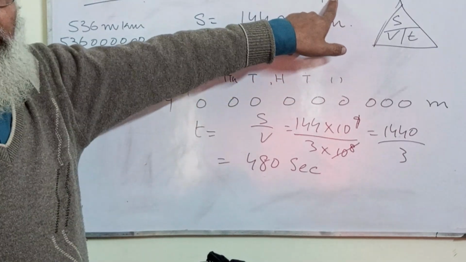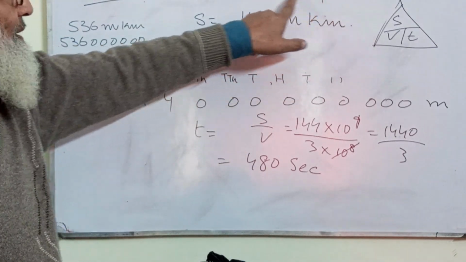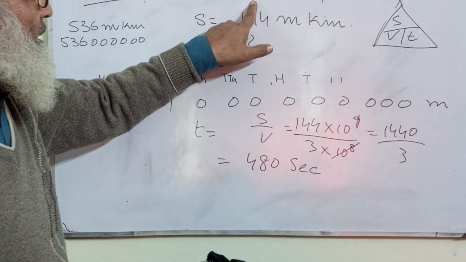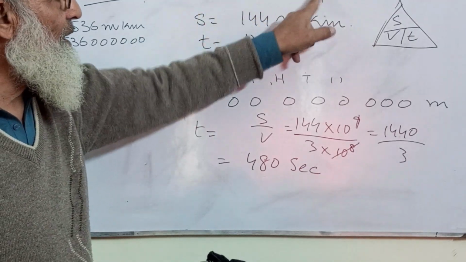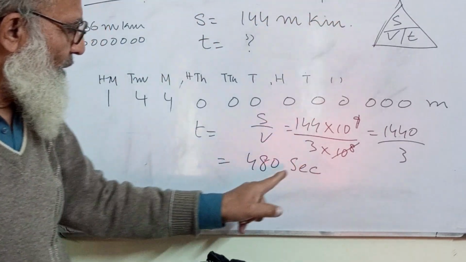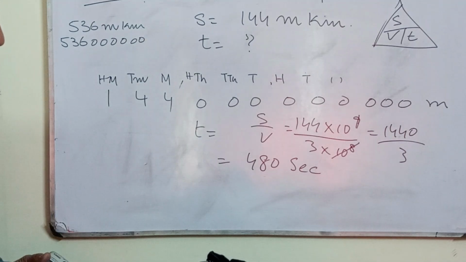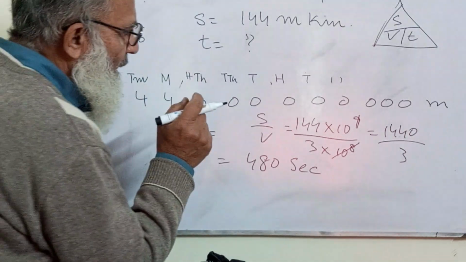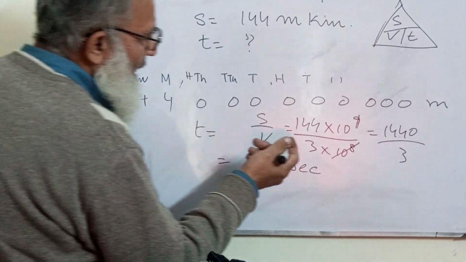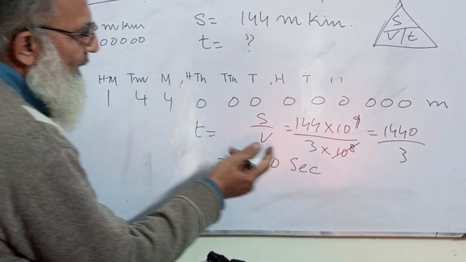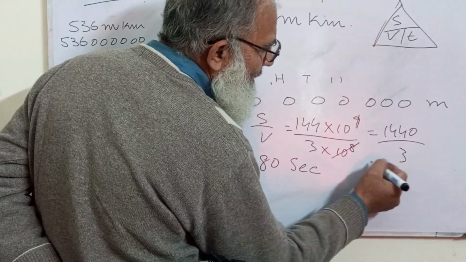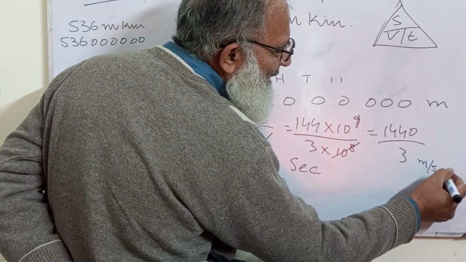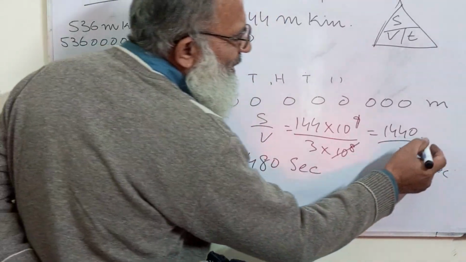480 seconds, because the speed of light was given in meters per second. Okay, it is 480 seconds. Now, you see that this was in meters per second, and this was in meters.